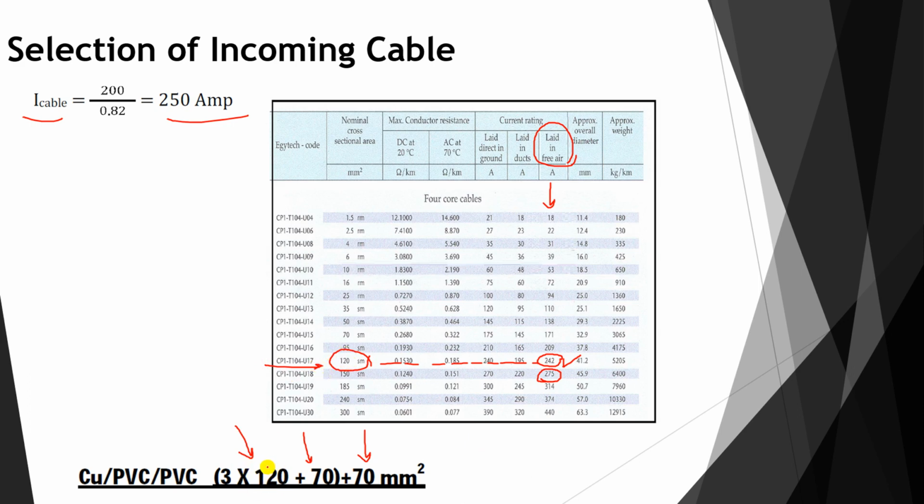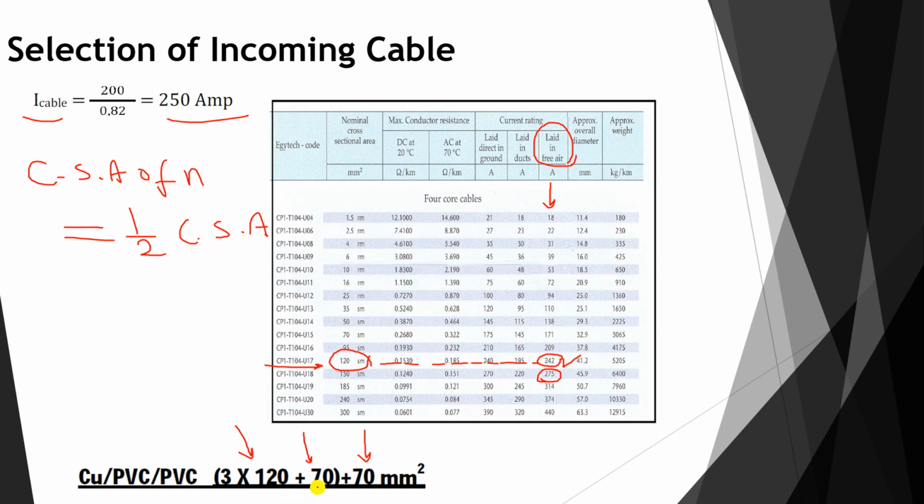Okay, now why did we choose the neutral 70? Because as you remember, when the cable is larger than a certain value, we choose the cross-sectional area of the neutral equal to half the cross-sectional area of the phase, which is half of 120, that is 60 millimeter square. However, in real life, we have 70 millimeter square.